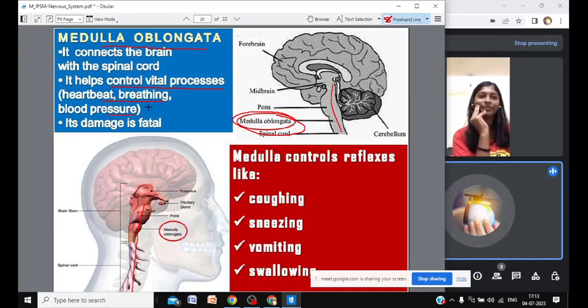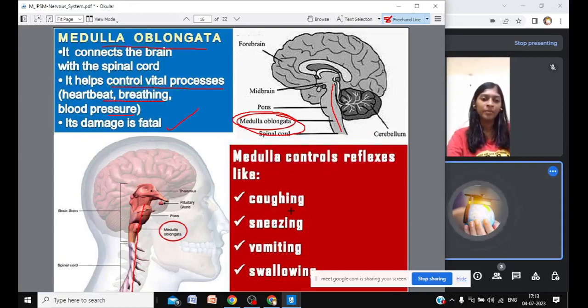So we have heartbeat, breathing, blood pressure, all the vital processes. Vital means important for life, and damage is fatal, meaning damage causes immediate death. Damage to the cerebellum doesn't cause death; it may cause some problems like staggering, trembling.